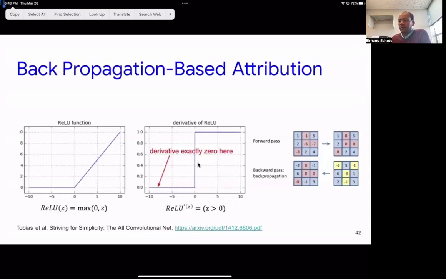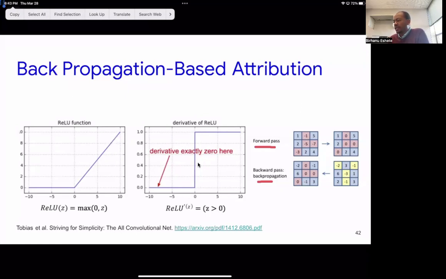Now we have the backpropagation-based approach, which is the other alternative. This draws insights from the way backpropagation happens, and specifically the activation functions that we use, right? So the ReLU and the forward pass and the backward pass that we do for backward propagation, where, for example, in the forward pass, we replace negative gradients with zero gradients, and in the backward pass, we do the opposite, right?